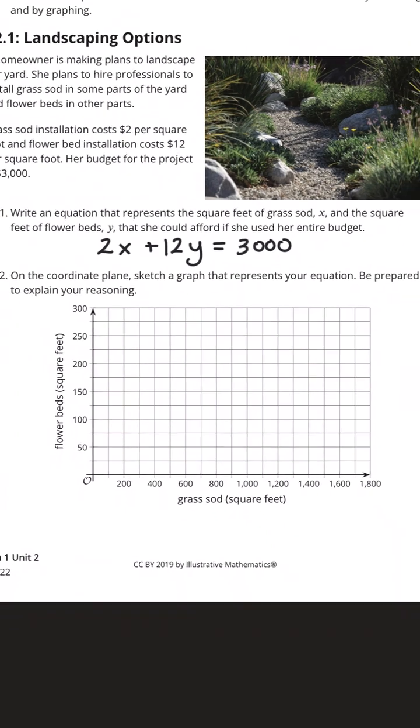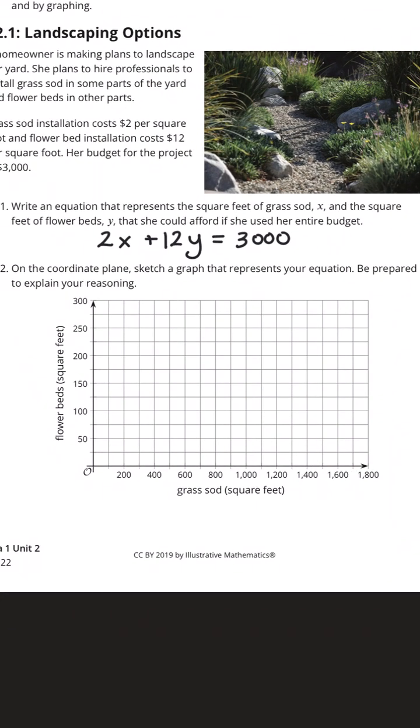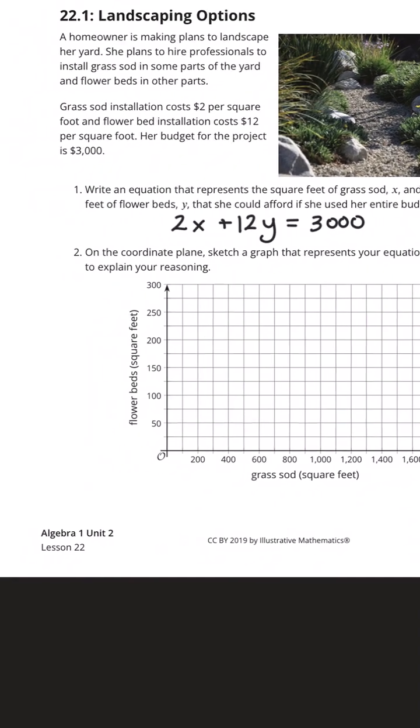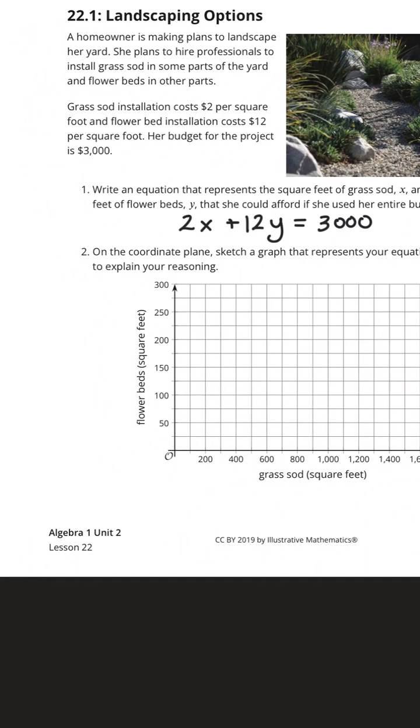So on this grid, they labeled our x and y axes for us already. We could graph this equation by changing it to slope-intercept form and making that equation say y equals. But another possibility is that we can just figure out some different points that are solutions to this problem and plot those points until we can see what the line would look like.